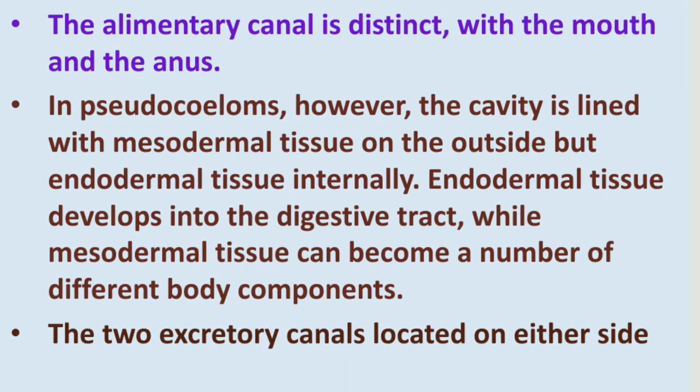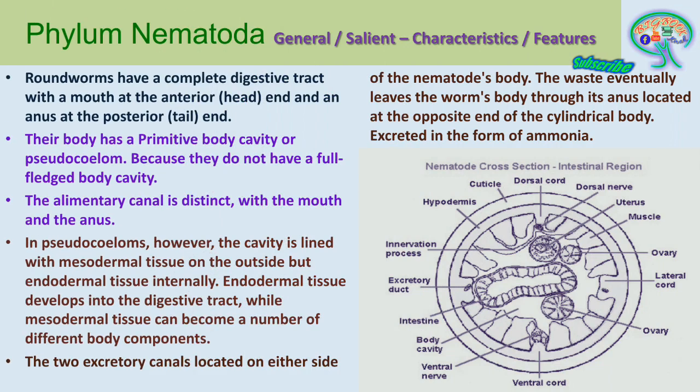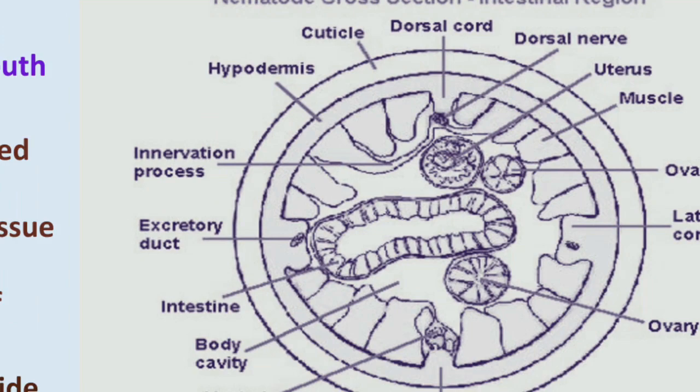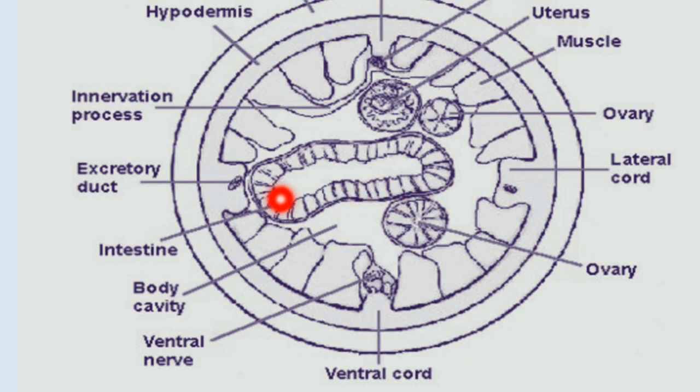Further, there are two excretory canals located on either side of the nematode body. The waste eventually leaves the worm body through its anus located at the opposite end of the cylindrical body, excreted in the form of ammonia. Now here, this is the excretory duct.